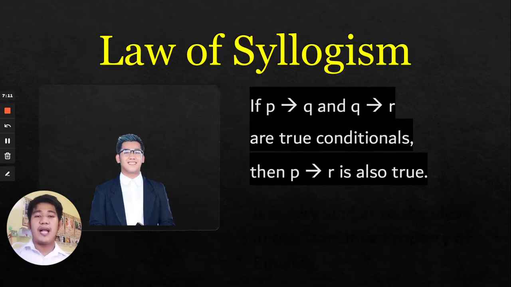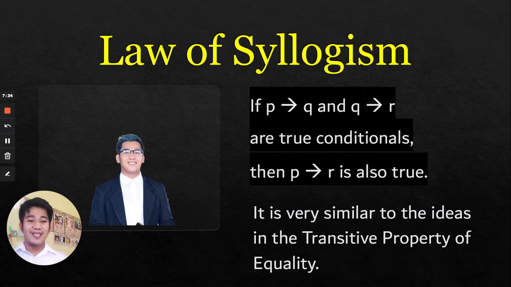Let's proceed with another law. The law of syllogism states that if P implies Q and Q implies R are true conditionals, take note, then P implies R is also true. And it is very similar to the ideas in the transitive property of equality. If you're familiar, and I hope yes, since grade 7, you must be familiar with this.